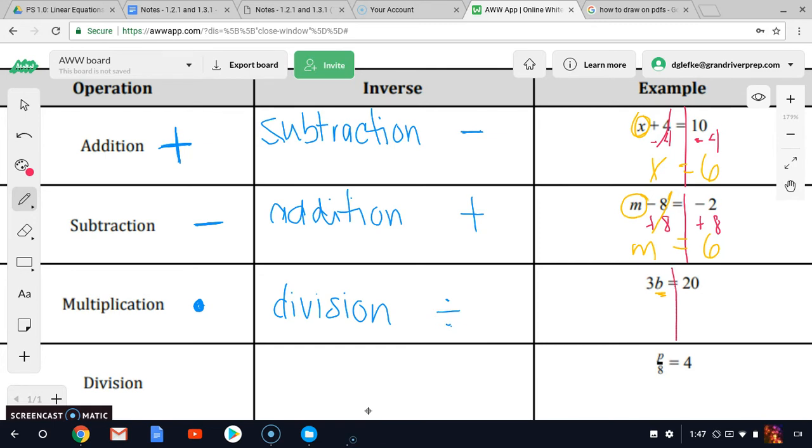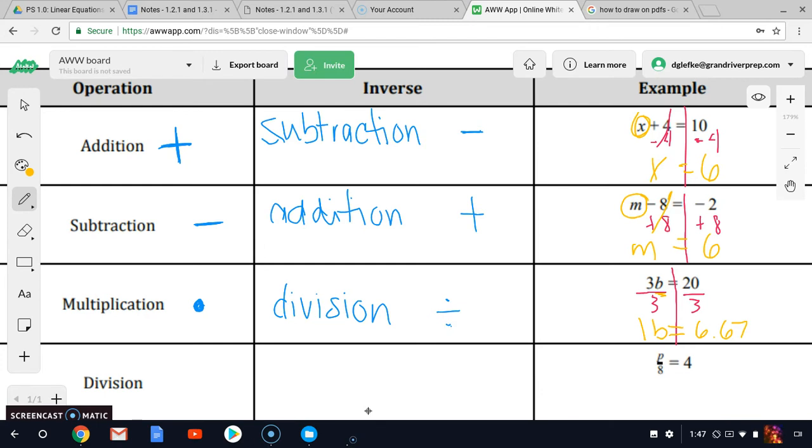Okay, so we're going to draw a line through our equal sign. And to do that, we're going to do a little fraction bar. So divided by 3, and then divided by 3. What's going to happen is 3 divided by 3 is 1. So we're going to get 1b equals, and when we divide 20 by 3, we get a repeating decimal, 6.6, and we're going to round it to 6.67.